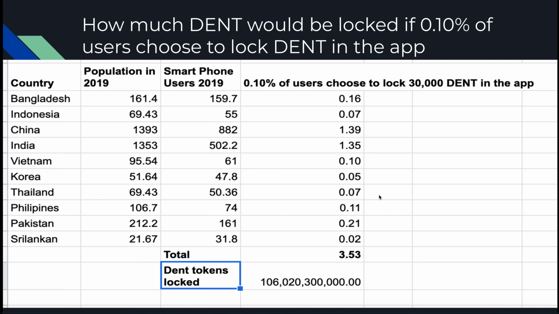Roughly we know that 25 billion tokens are in the hands of the DENT app users. So if this has to happen, we will run out of supply. Right now we have only 84 billion tokens circulating supply, and if this has to happen, we need more tokens, basically.